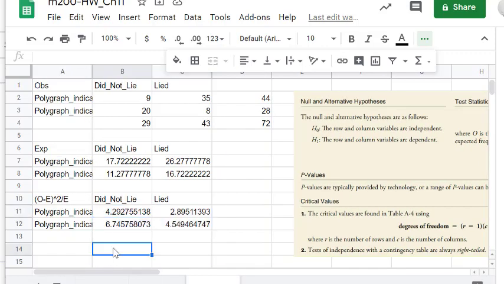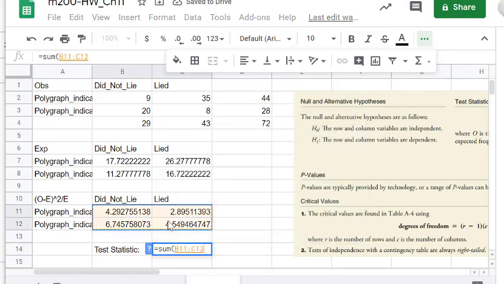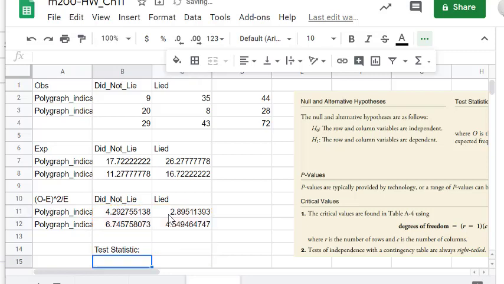So let's just mark it here, test statistic. And then this is going to be the sum of all these values that we just found. So our test statistic should be 18.483.